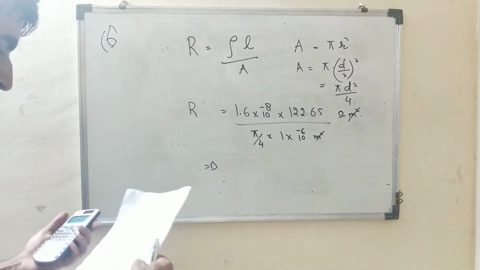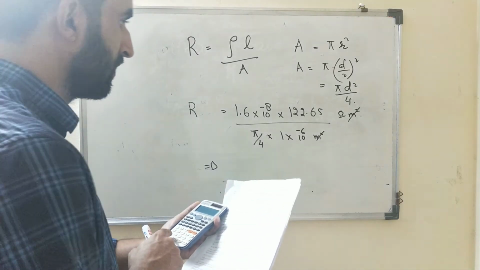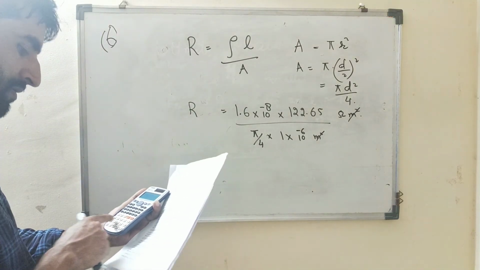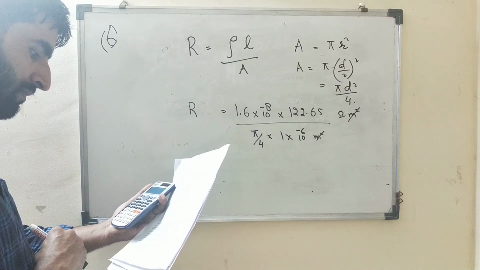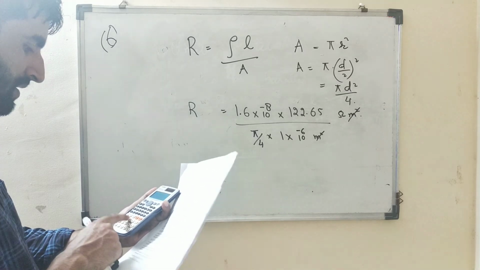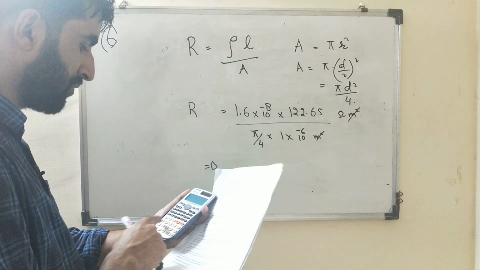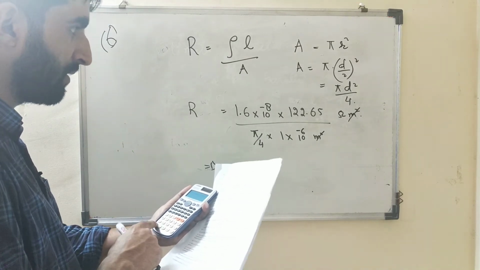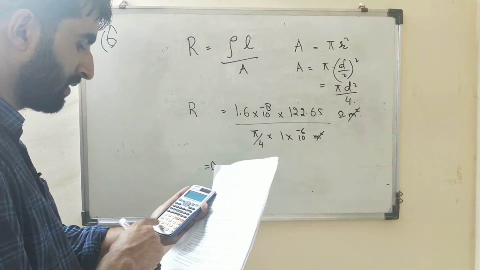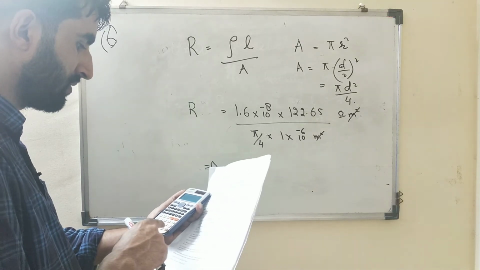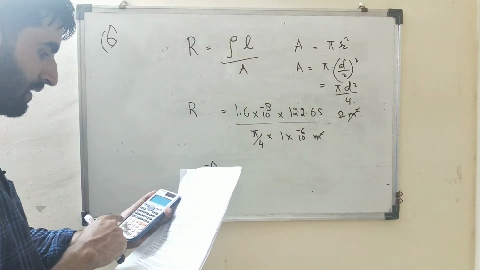सो आई विल फाइंड आउट. सो व्हाट विल बी दिस वन. सो दिस इज इक्वल टू 122.65 into 1.6 into 10 to the power minus 8 into 10 to the power minus 6 divided by 3.14 divided by 4.